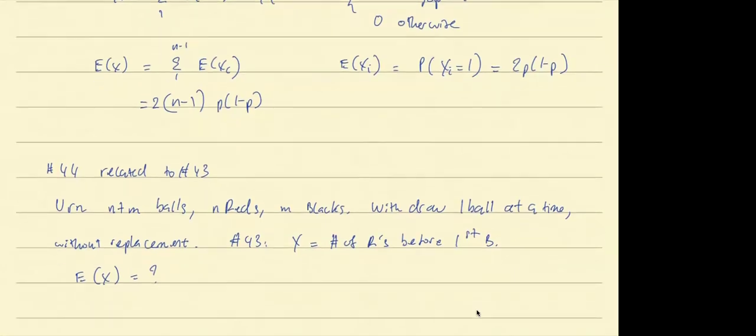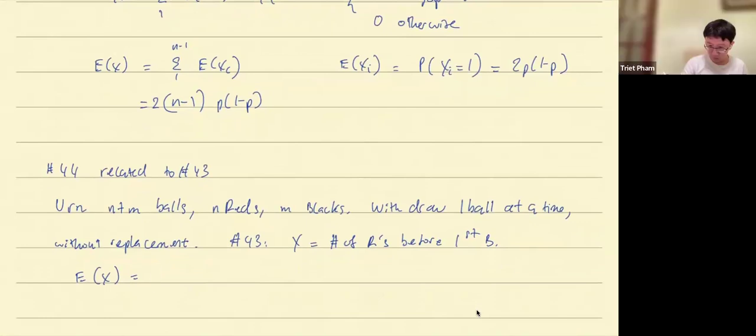It's 1 over the number of black balls plus 1. But that's not X, right? That's the individual one. So that's not X, that's xi. What was xi?